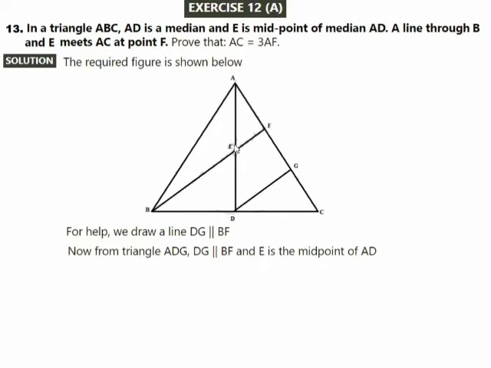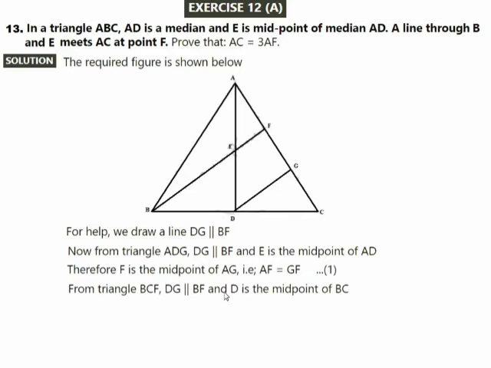EF is parallel to DG. What does it mean? It means that F must be the midpoint of AG, using the midpoint theorem, and AF must be equal to FG. Let me call this equation number 1.